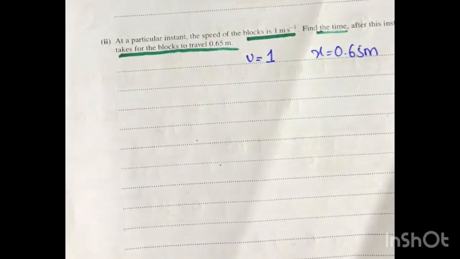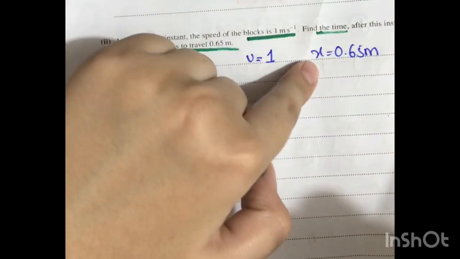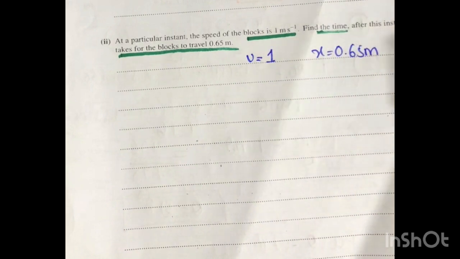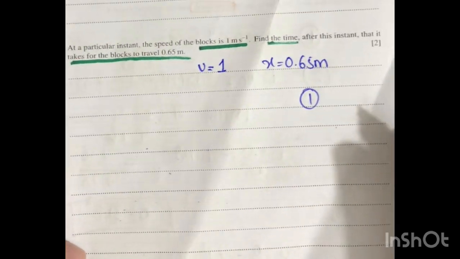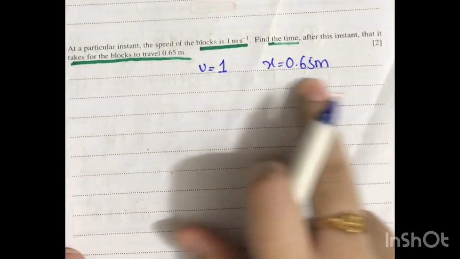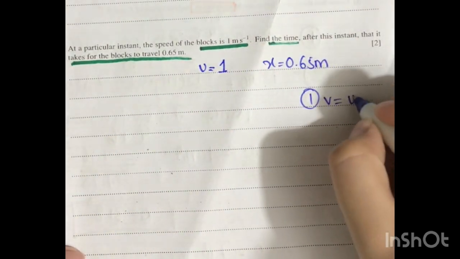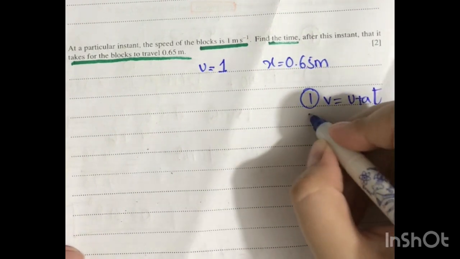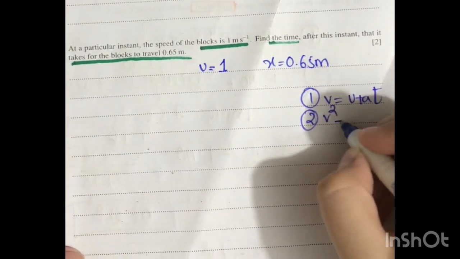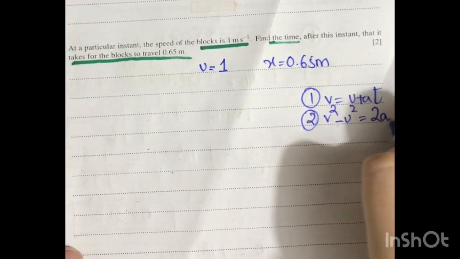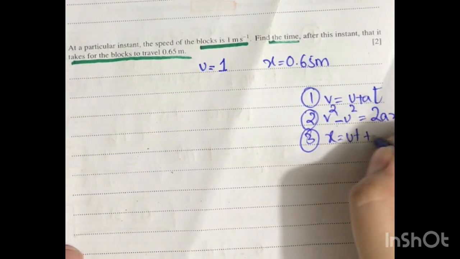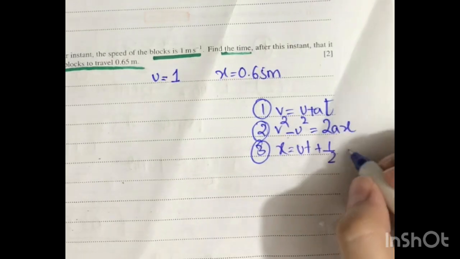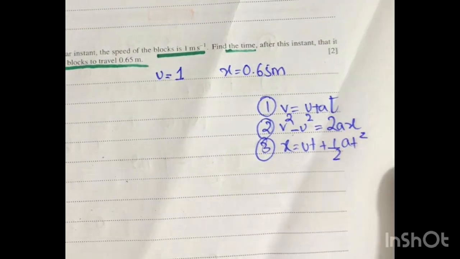Since there's mention of speed and distance, now we can use the formulas of kinematics, which we can write down on the side to see which one is the most appropriate for the information we have. So we have v = u + at, we have v² - u² = 2ax, and then we have x = ut + half at².